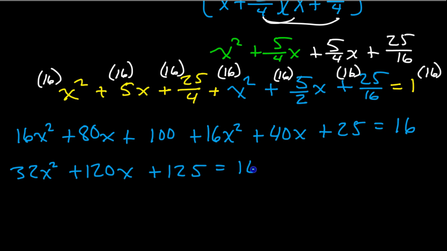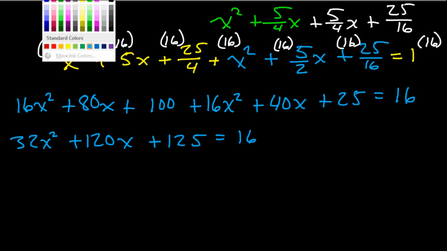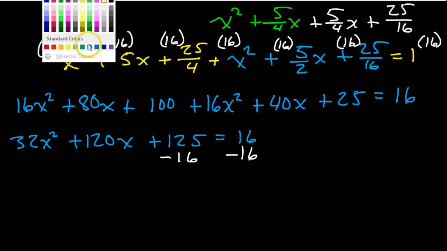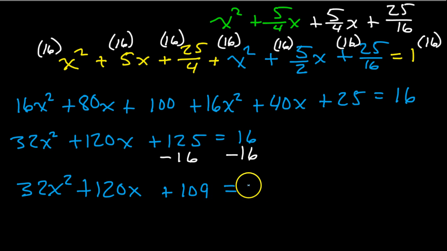And that's all equal to 16. So let's subtract 16 from both sides. So then I'll have 32x squared plus 120x plus 109 is equal to 0.